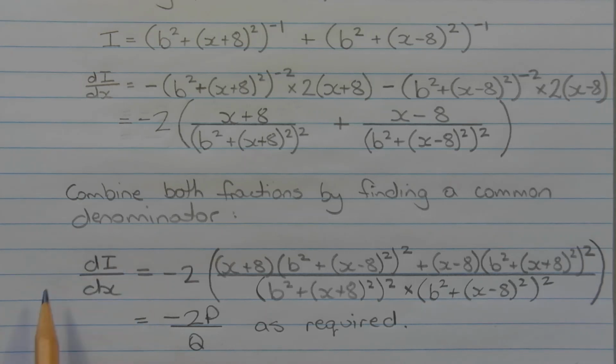So we end up with dI/dx is equal to negative 2 outside of (x plus 8) in brackets times (b squared plus (x minus 8) squared) all squared plus (x minus 8) in brackets times (b squared plus (x plus 8) squared) all squared, all over (b squared plus (x plus 8) squared) all squared times (b squared plus (x minus 8) squared) all squared. Note that the numerator here is P and the denominator here is Q. So dI/dx is equal to negative 2P over Q as required.